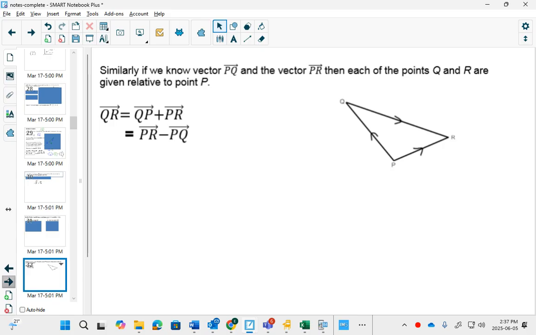So if we know a vector PQ and PR, so we know this one in green, and we know this one in red.